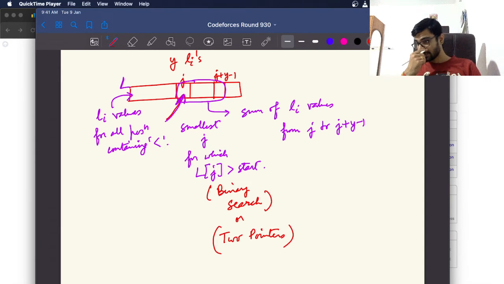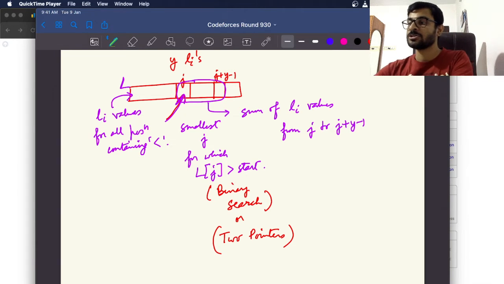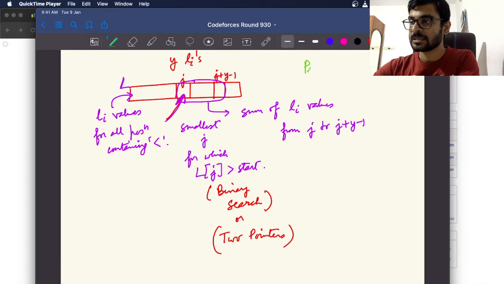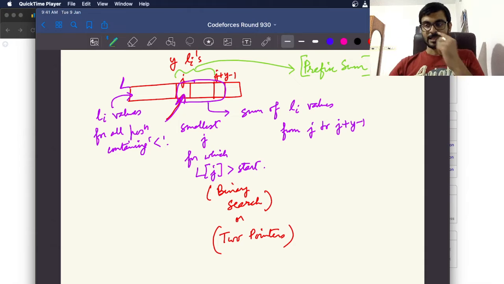Okay, next thing is, you have found the first point. Now the sum of those elements, you have to include y points. So the range is clear. When you have the range, one of the best techniques definitely is the prefix sum. Whenever the range is clear, prefix sum will help you out. So L contains the Li values.